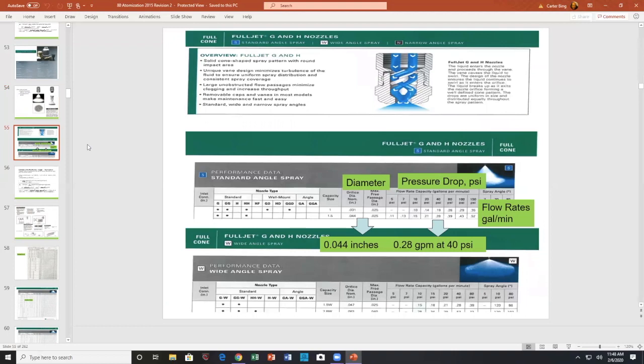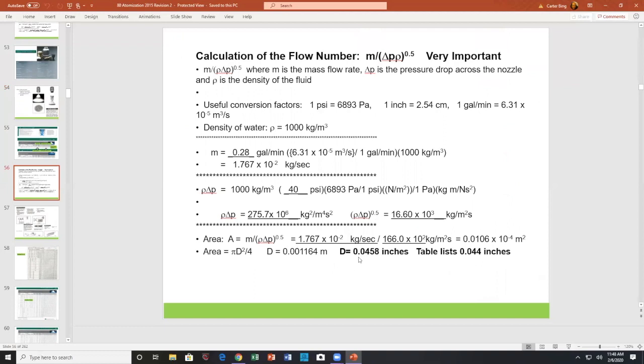And again, if I do a flow number calculation, diameter, pressure drop, and flow rate, and go through, I get 0.0458 inches as opposed to 0.044 inches. So I highly recommend you make it a habit of calculating your flow number. What's tricky about the flow number is it's not necessarily constant.